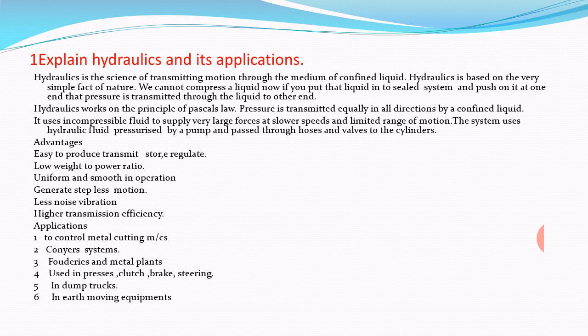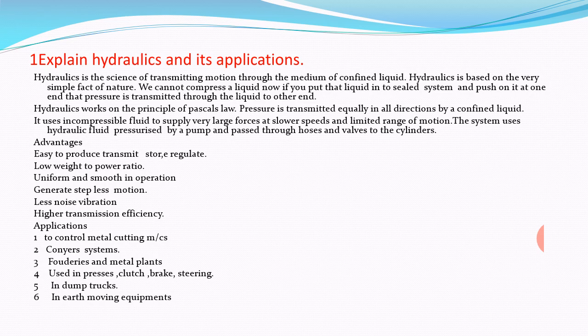Second one is low weight to power ratio. If we compare the hydraulic system with other methods of power transmission, that is mechanical and electrical, here we have low weight compared to the power transmitted. Then it is smooth and uniform in operation, and it produces stepless motion.